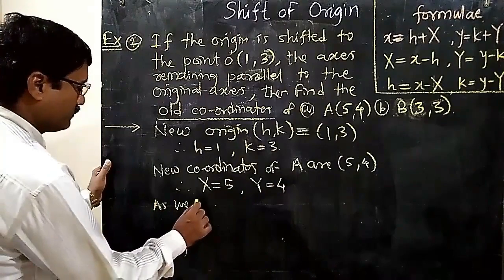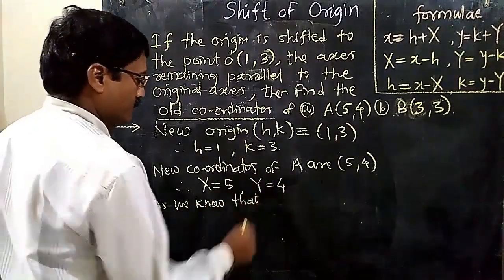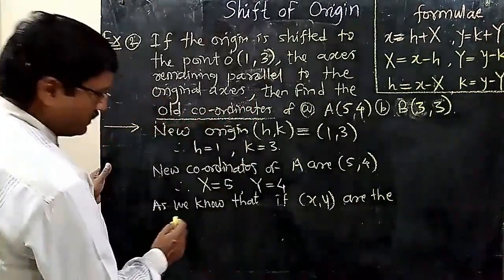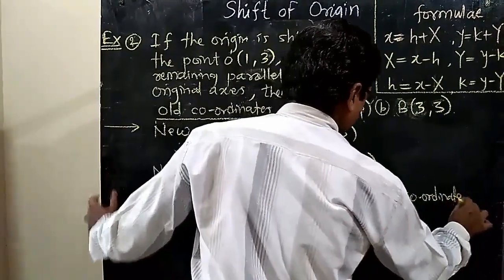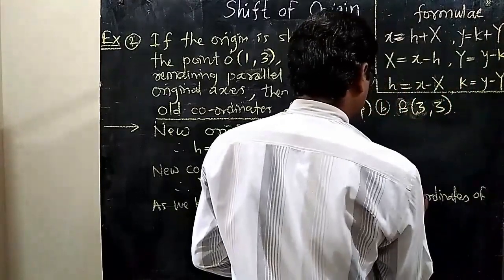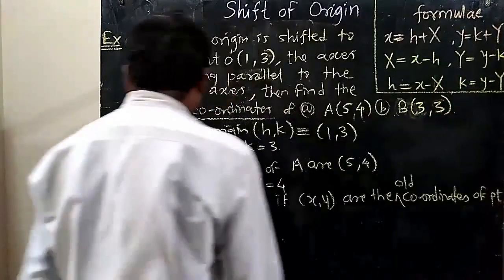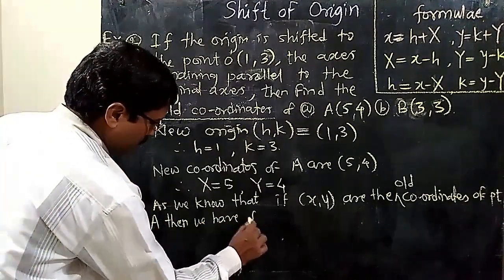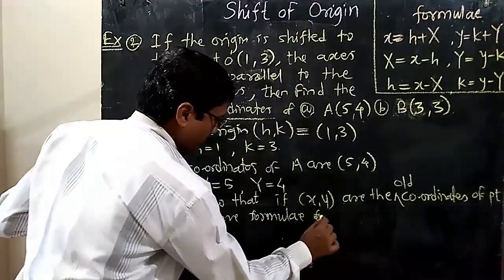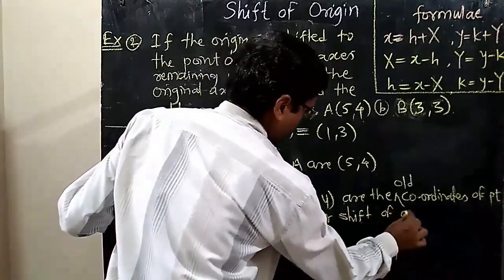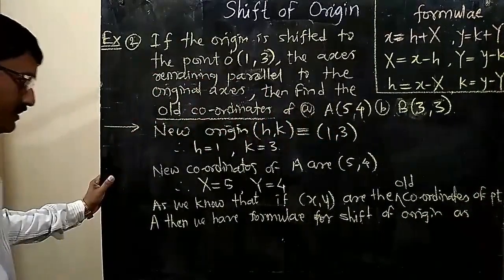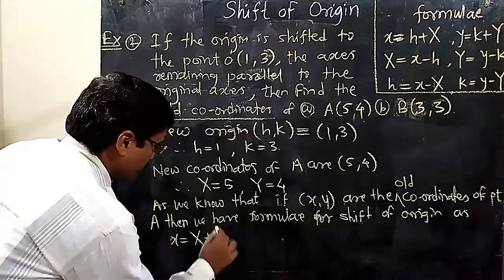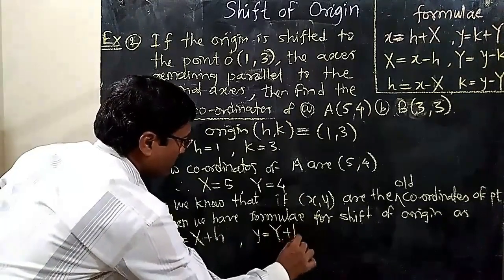As we know that if small x, y are the old coordinates of point A, then we have formulae for shift of origin as small x is equal to capital X plus h, or h plus capital X. Small y is equal to capital Y plus k.